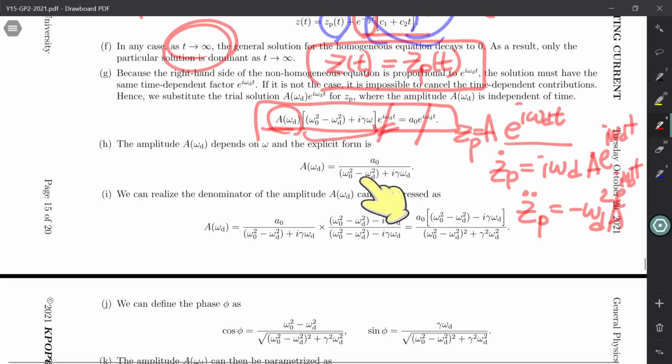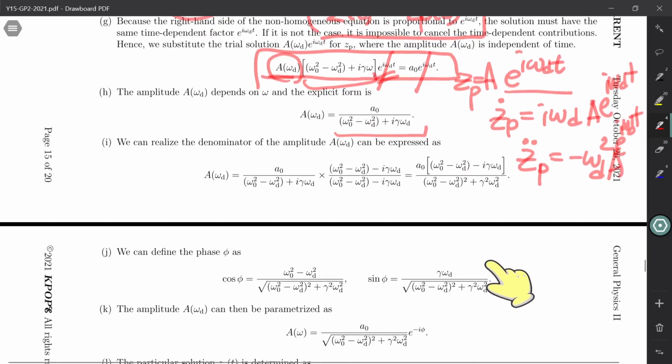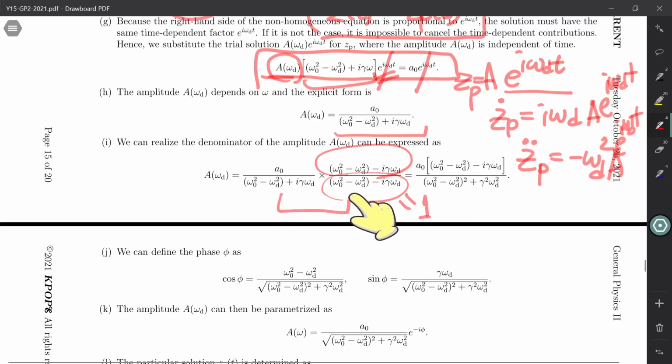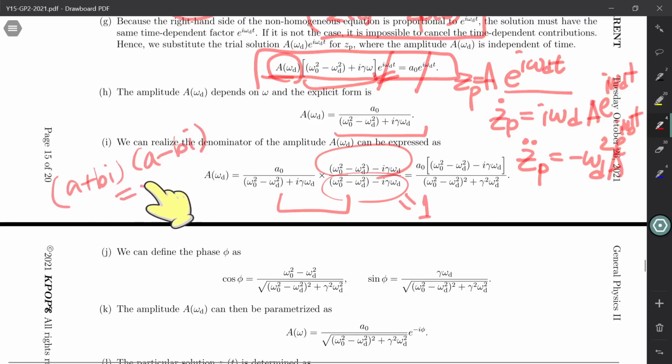This factor can be divided in here, and for this simplified complex number, we multiply its complex conjugate up and down. This is just 1, and it becomes the absolute value squared. So a plus ib times a minus ib equals a squared plus b squared, something like that.